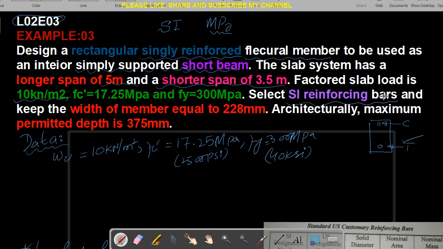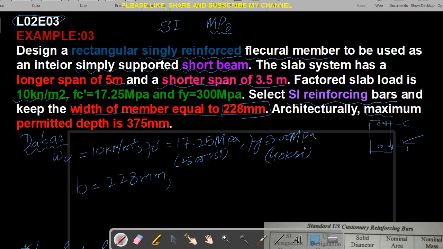So you will see how SI reinforcing bars differ from US bars, and keep the width of member equal to 228 millimeter. Width of the section is given, which is 228 millimeter.